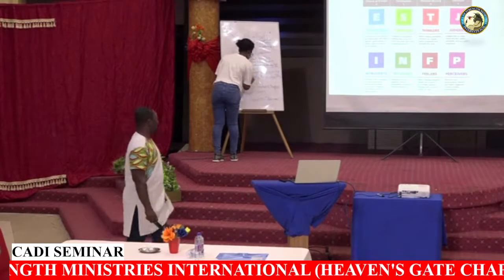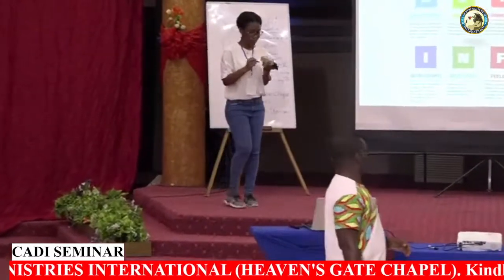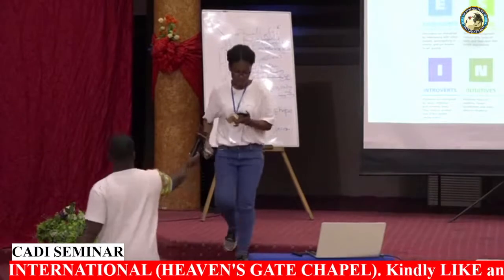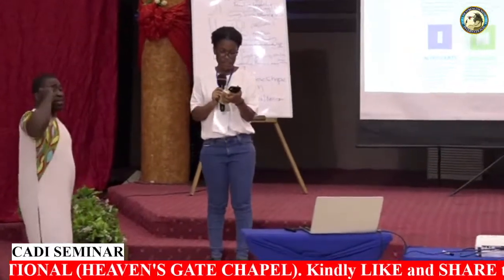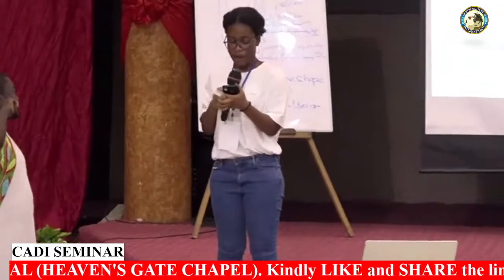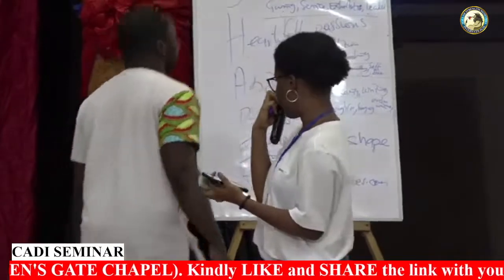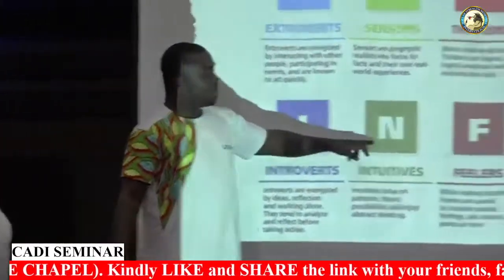What do you have? Can you read it out? What do you have? Advocate. And the letters are what? INFJ hyphen T. So you see here, she has I and what?